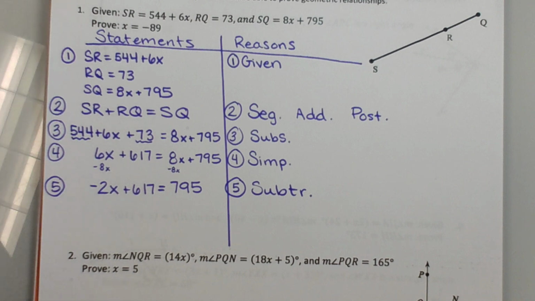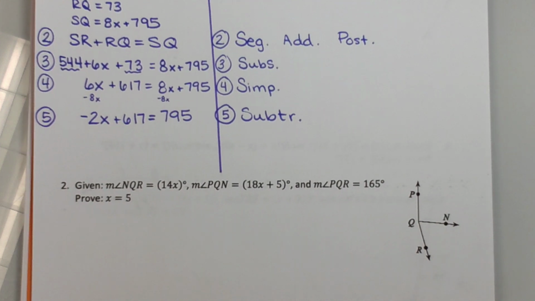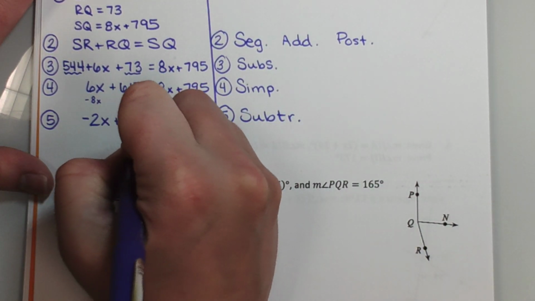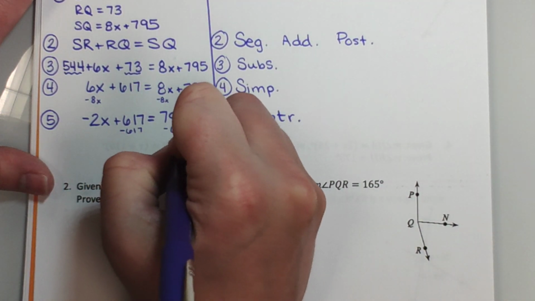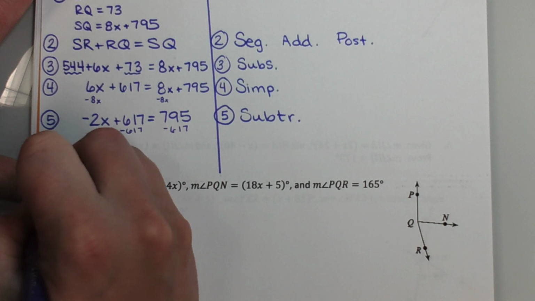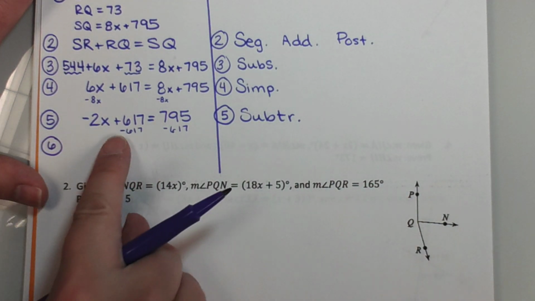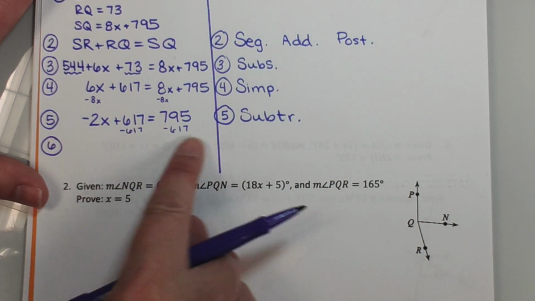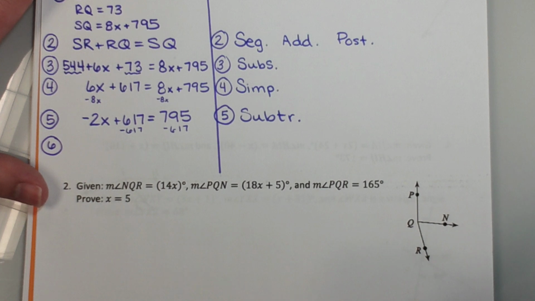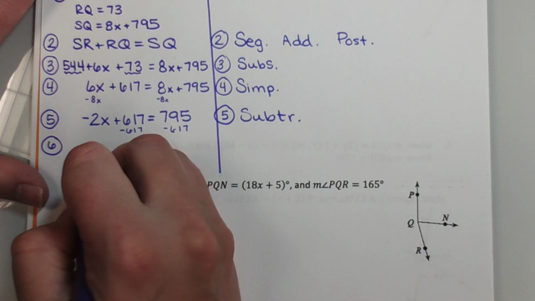Now, if I'm going to go this way, Jada, what would you tell me to do next? Subtract 617. Love it. Okay. Remember, the actual minus 617 that I'm writing here isn't the actual step. It's just math to help me see what's happening.